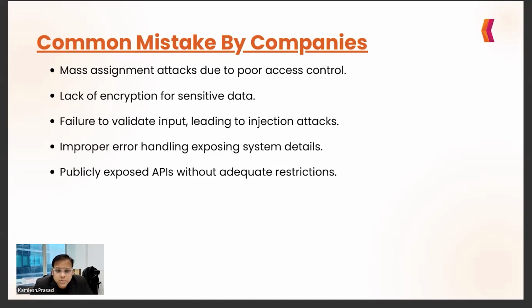These can lead to such kinds of injection attacks. Improper handling and exposing system details: again, this is covered in poor access control and unprivileged access control. So the systems where the API data is moved and stored have to be safeguarded. Then, publicly exposed APIs without adequate restrictions.